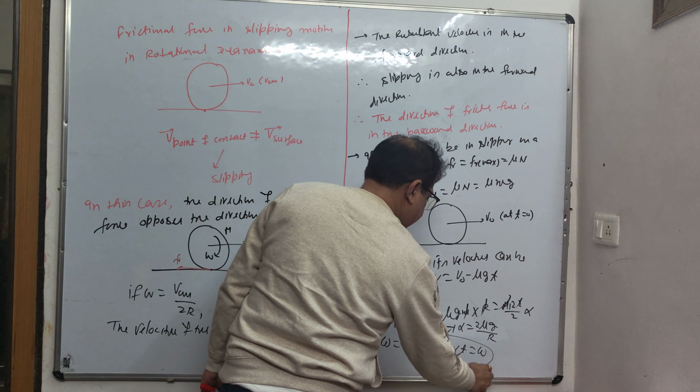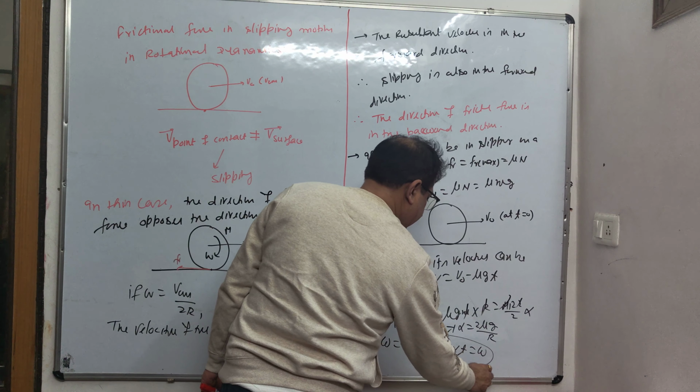Right? So we can find out omega, we can find out linear velocity at any time t. Also we can draw its graph in this case, right? For different cases you'll have different solutions.